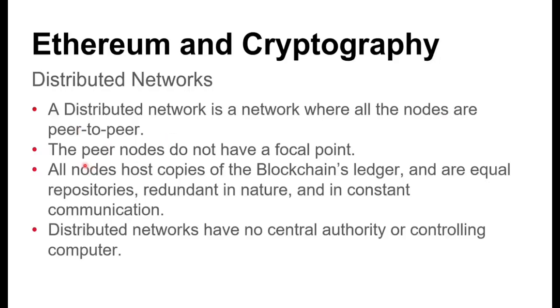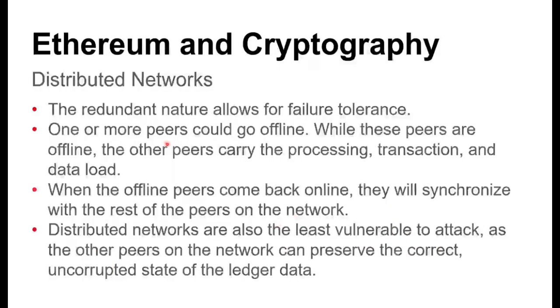They're communicating peer-to-peer. The peer-to-peer nodes do not have a central focal point, and all the nodes host copies of the blockchain ledger. So on Ethereum, there's just one copy of the ledger, and all nodes have that copy of the ledger. Distributed networks have no central authority, and nobody is controlling the network.